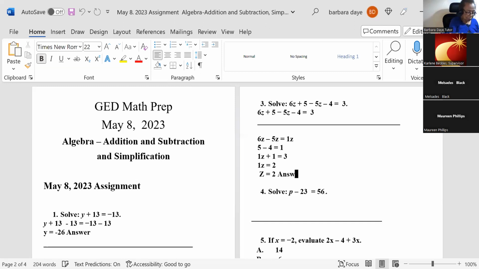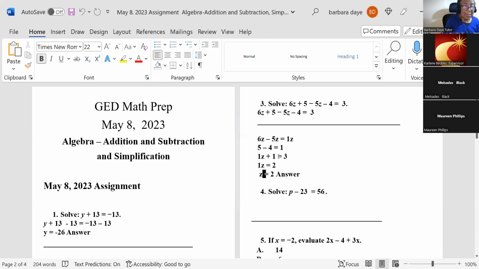Okay. So easy. This is simplifying. In this case, it's an equation, not an expression. Expressions don't have equals. So to do that, you combine your like terms, and you did that with the z, 6z and a minus 5z. And then you took your 5 and your minus 4 constants combined, and you were left with 1z plus 1 is 3.